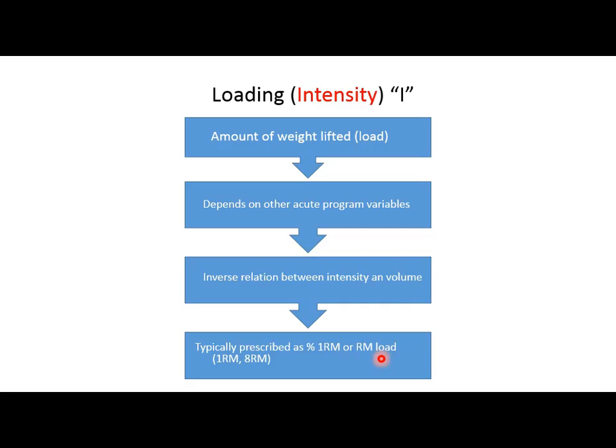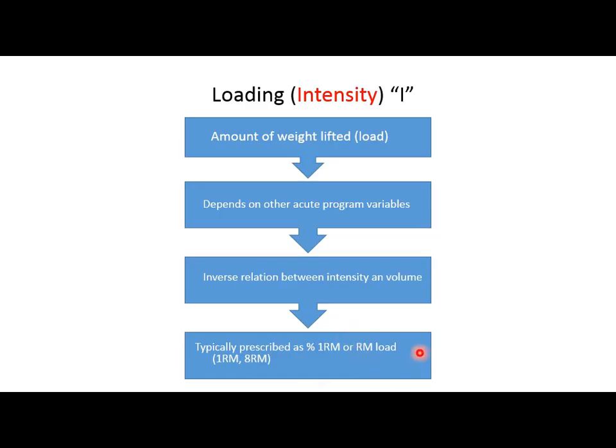Or I might prescribe you 80% or 90% of your 1RM load, so 80 or 90 pounds. There may be times where we do singles, where we actually practice doing 1RMs. So we can express intensity with a percentage of the 1RM.